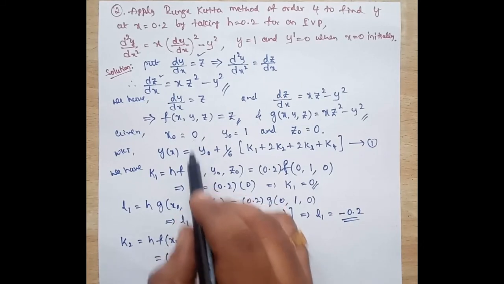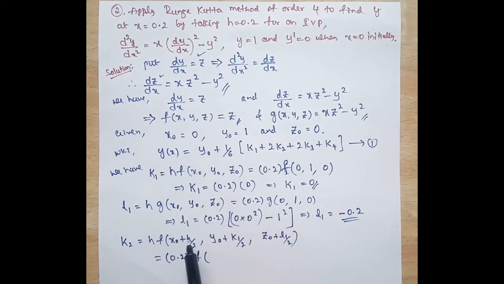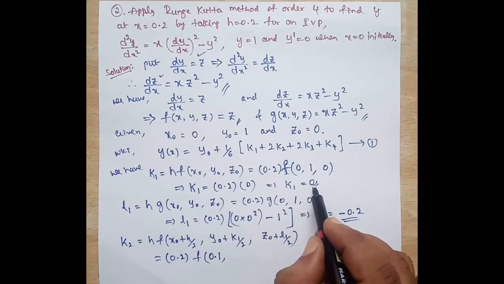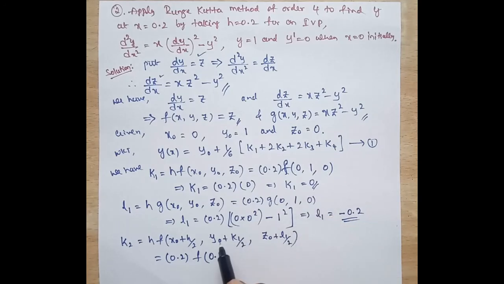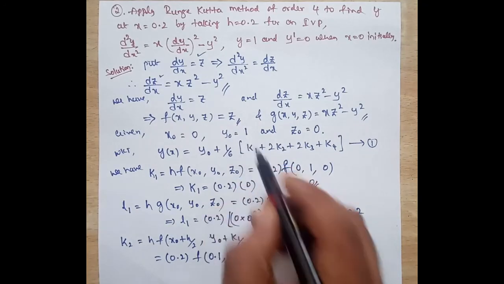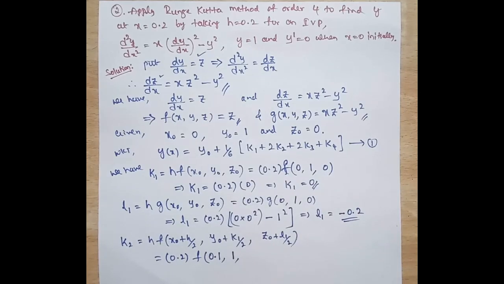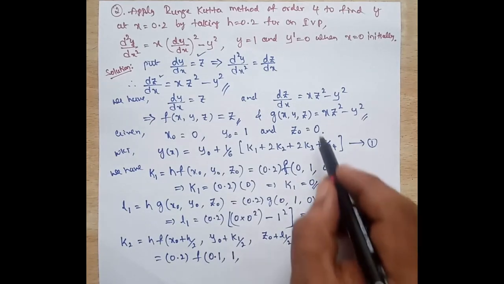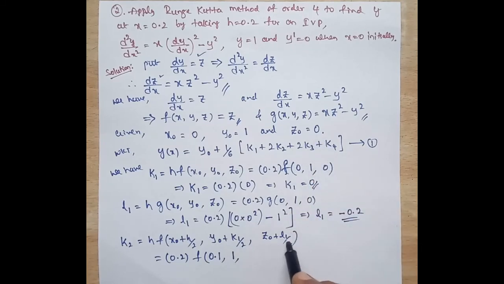You know x naught is 0, and h is 0.2, so it is 0.2 by 2, which is 0.1, so 0 plus 0.1 is 0.1, comma y naught plus k1 by 2, but you know k1 is 0, so this term becomes 0, you get only y naught. And what is y naught? 1. Z naught plus L1 by 2, you know z naught is 0, so leave this term. L1 by 2, L1 is minus 0.2, so minus 0.2 divided by 2 is minus 0.1.